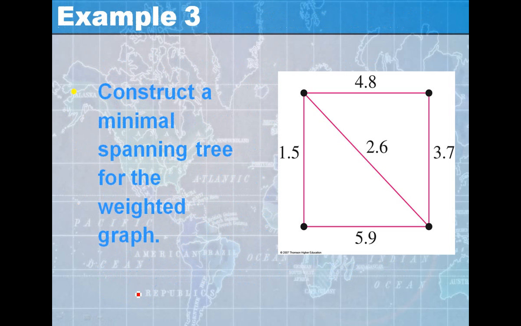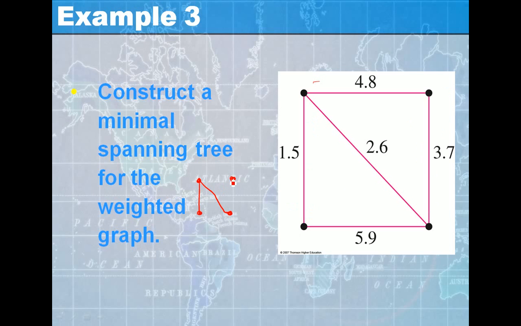So we want to find a minimal spanning tree for this graph. So what I'm going to do is just put the vertices in. The smallest edge is 1.5, so I put that edge in. The next one is 2.6. 2.6 does not cause a circuit, so we're okay.